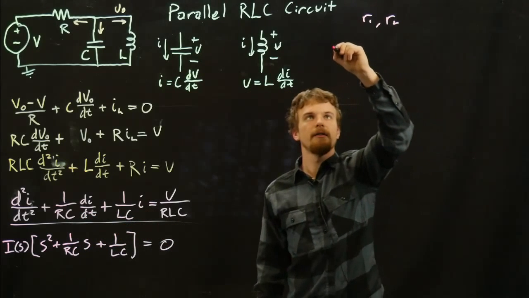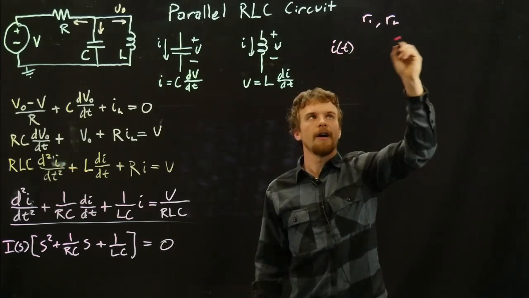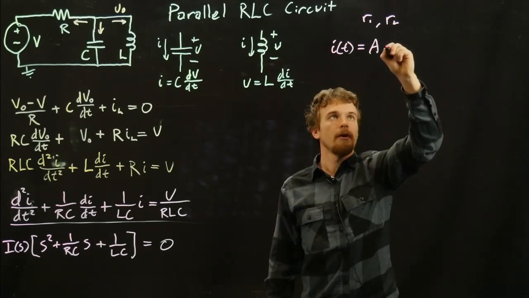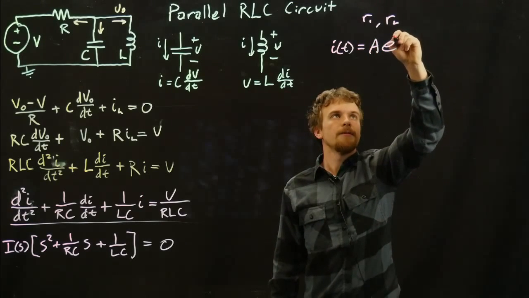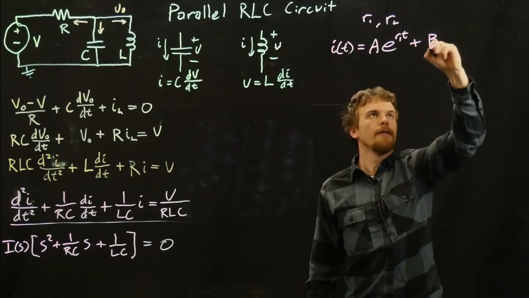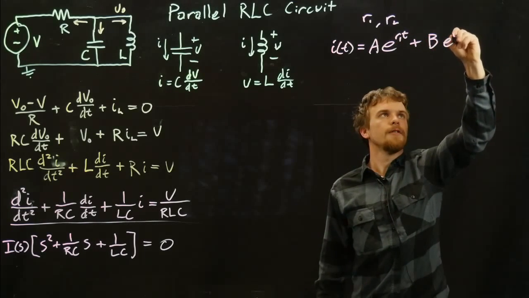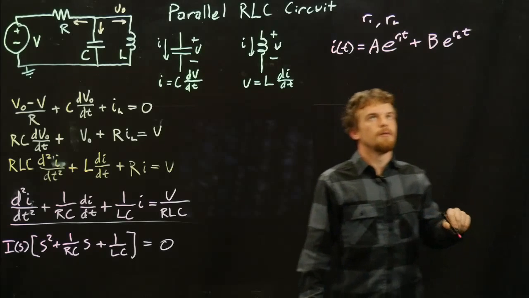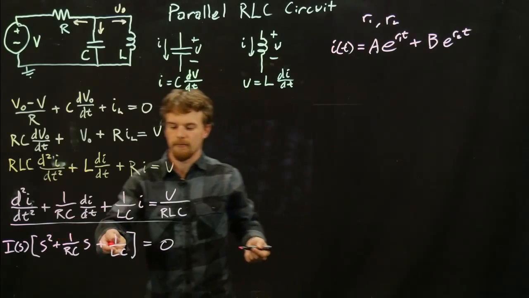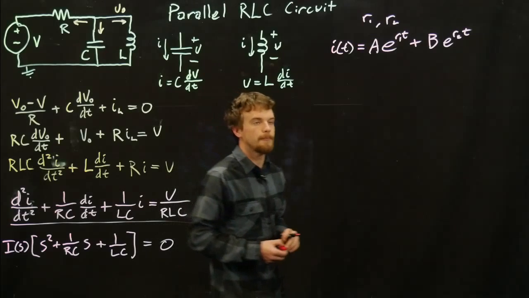Our response, I of t, will have the form some arbitrary constant that we're not worried about times e to the r1 t plus another arbitrary constant times e to the r2 t, where r1 and r2 are our roots. So that's why we're interested in finding the roots of this.